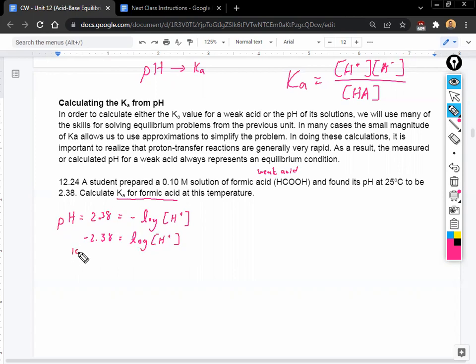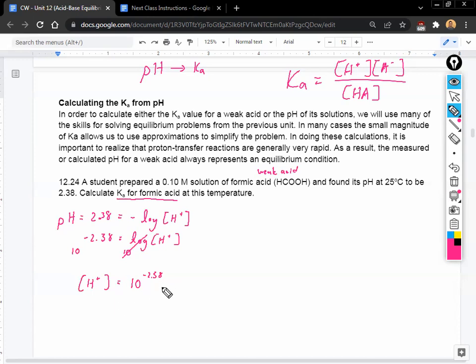Same thing we've been doing: we put everything to the power of 10, the log will cancel out, and then H plus will equal 10 to the power of negative 2.38. Any questions on how we got to that step? It's pretty much what we've been doing until now.